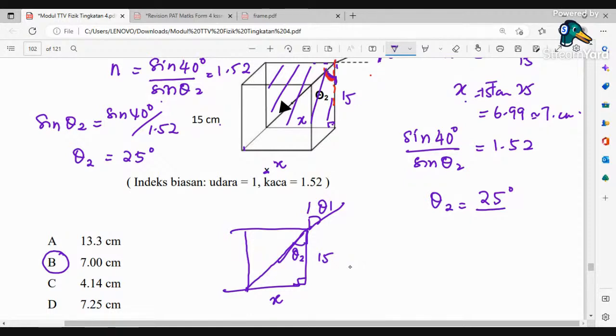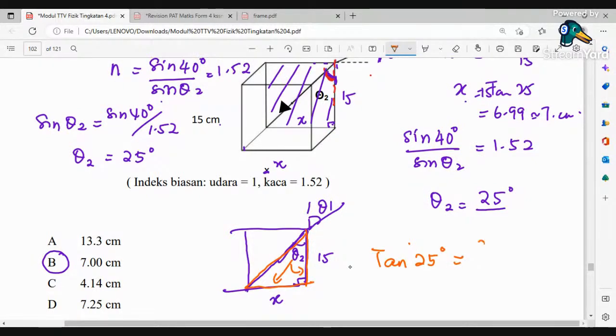So gunakan triangle ini. Ini right angle triangle. Untuk theta 2 kita ada opposite dengan adjacent. So kita guna tangent.